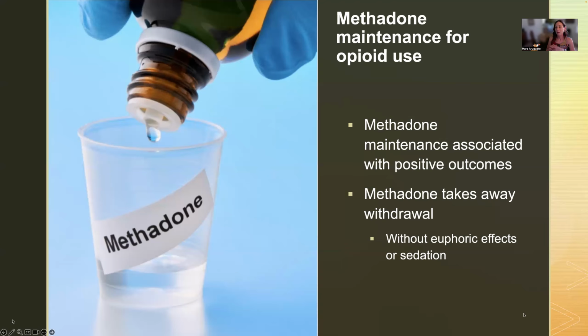Now, the great thing about methadone is, though it affects those opioid receptors in the same way that the opioid does, because of the route of administration and the dosage, you just don't have that high, that euphoric effect, and you also don't have sedation, meaning you get sleepy, which would normally happen with the opioid drugs. So you're not getting high, and you're not getting sleepy.